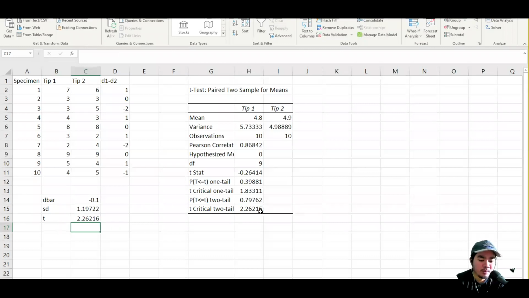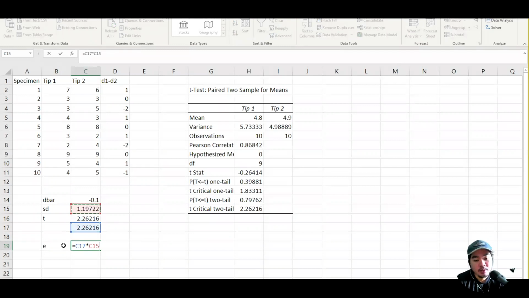But I could have very well done T.INV.2T ng 0.05, and degrees of freedom is 9, which is the same value here. Okay? So my E now becomes equals ito times standard deviation ng difference divided by square root ng N.